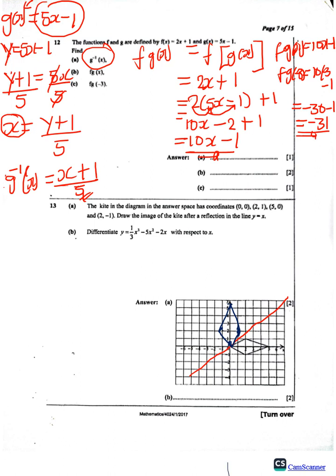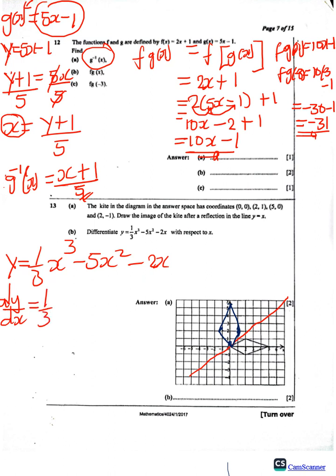Then for the last part, differentiate. So we have y is equal to 1 over 3 x raised to the power 3 minus 5x squared minus 2x with respect to x. So differentiation is dy over dx.